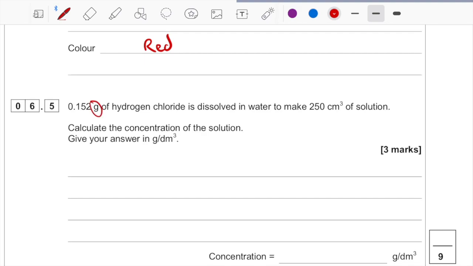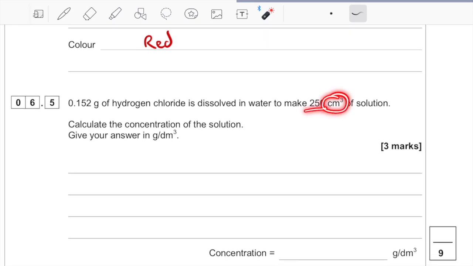So we've got grams at the beginning and at the end, so no conversion to be done there. However, we've got centimetres cubed at the beginning and decimetres cubed at the end. So we are going to have to turn centimetres cubed into decimetres cubed.